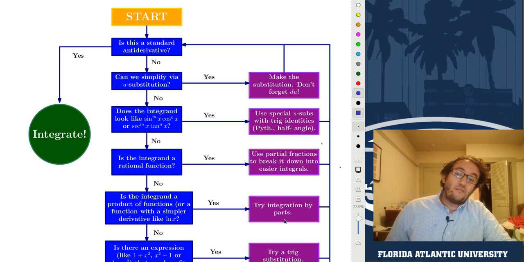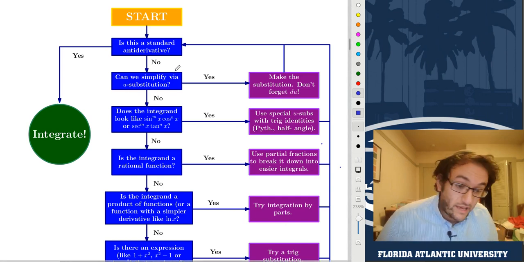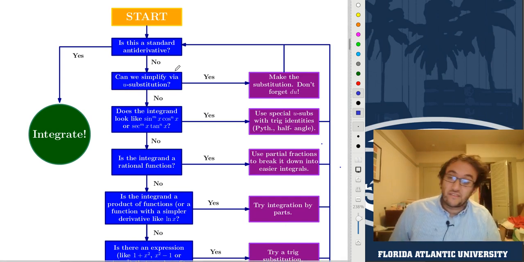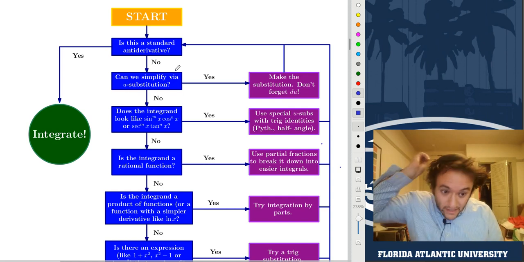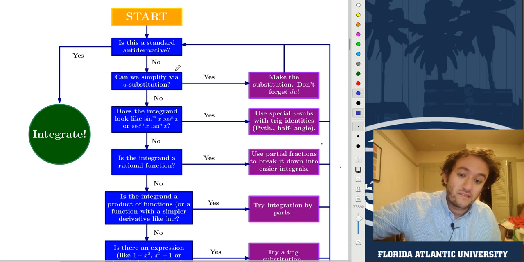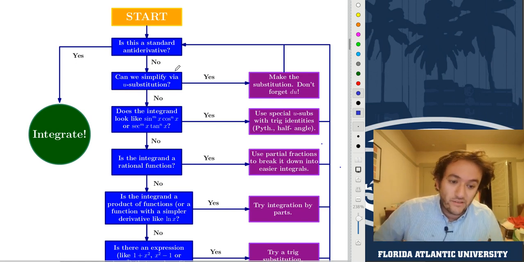If not, we'll try to apply u substitution. Is there some way to simplify the integral via u substitution? If that's the case, then we make the substitution, and we have to be sure that when we do that, we also change the differential by using du equals du/dx times dx.